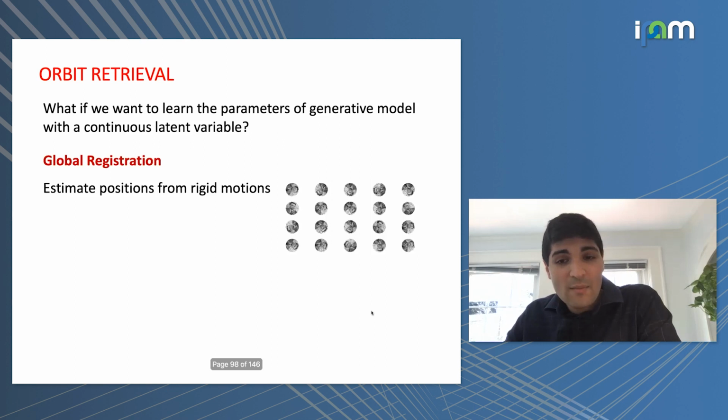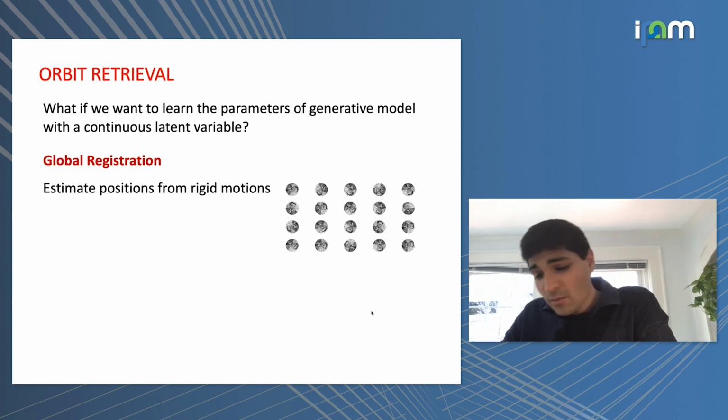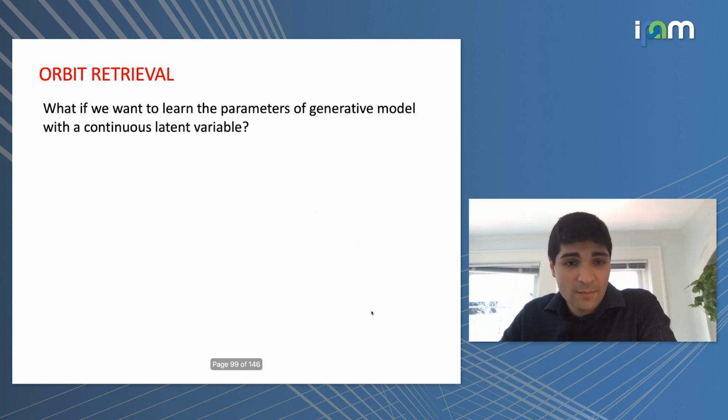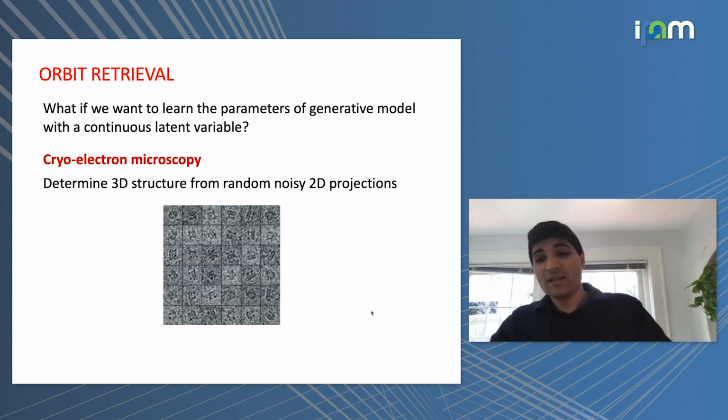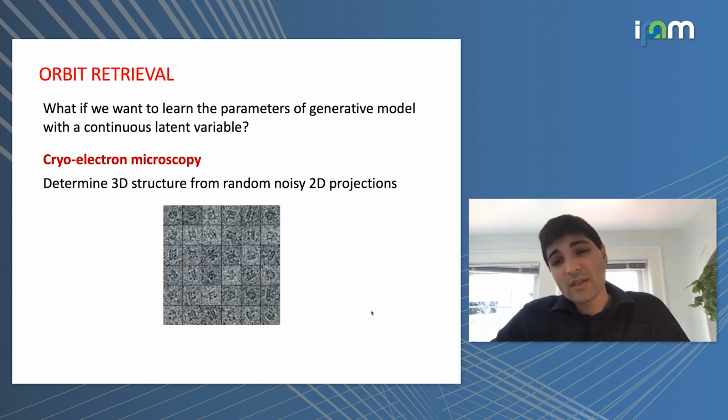You can also think about global registration problems that show up in signal processing, where you have the same type of thing. This is an image of Alan Turing. You add noise and you have, again, a random rotation. And one of my favorite ones, this is even a more sophisticated version, is something called cryo-electron microscopy, where you're trying to image different 3D molecules.